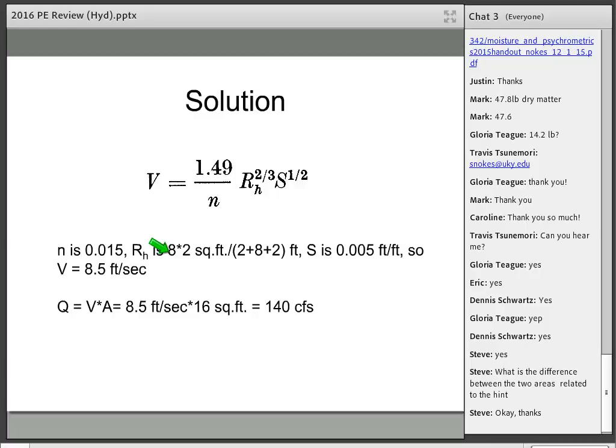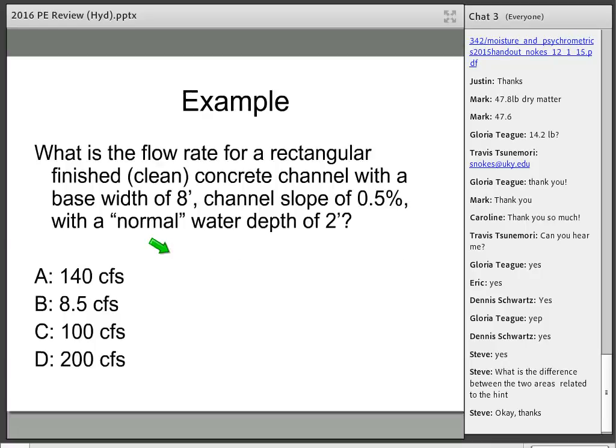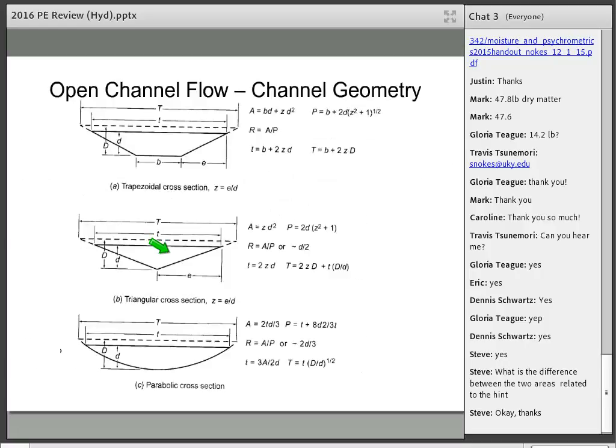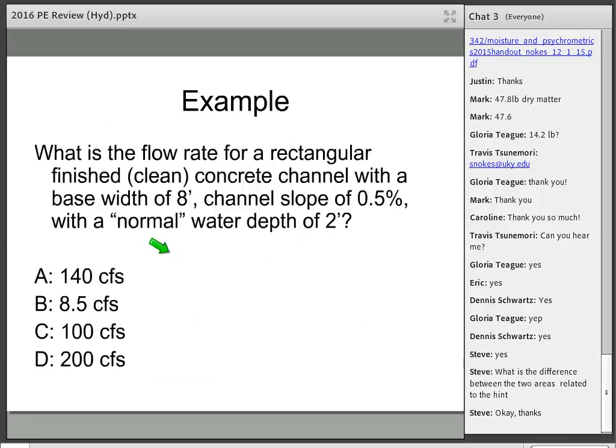Well, let's back up and look at that equation for a second. We said it's a base width of 8 and a normal depth of 2. So the area is going to be the base times the depth plus the side slope times the depth squared. And the equation for the wetted perimeter is kind of a messy one. It's a geometric equation.